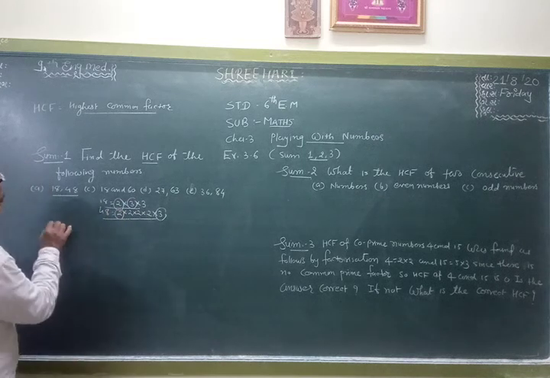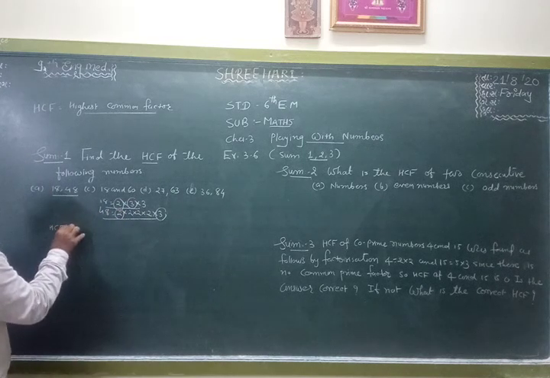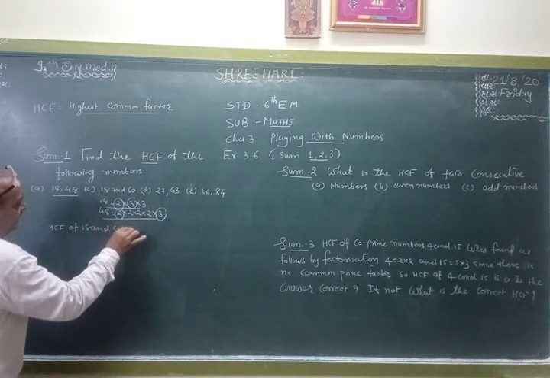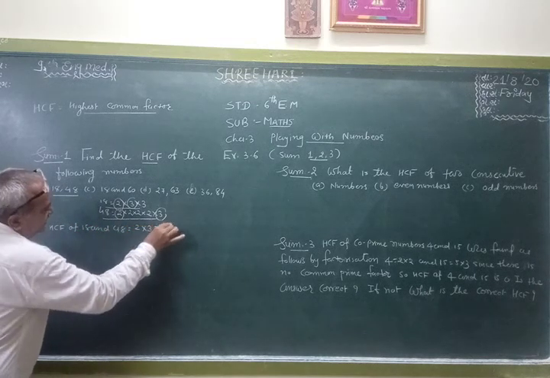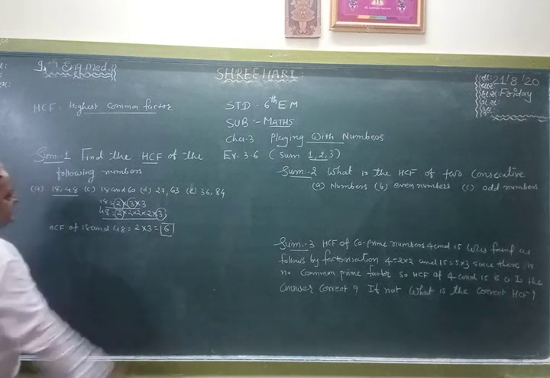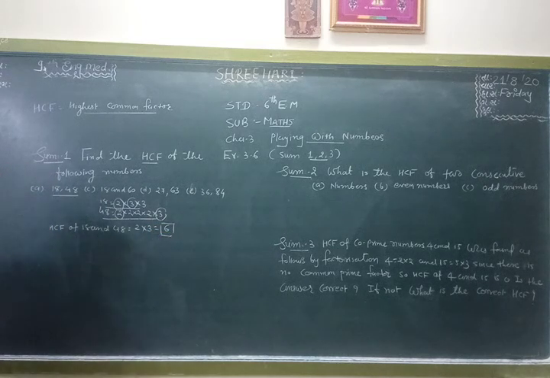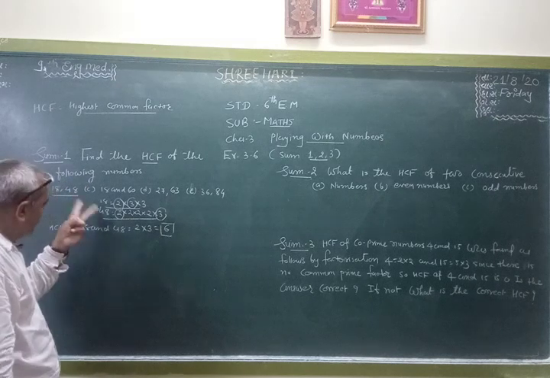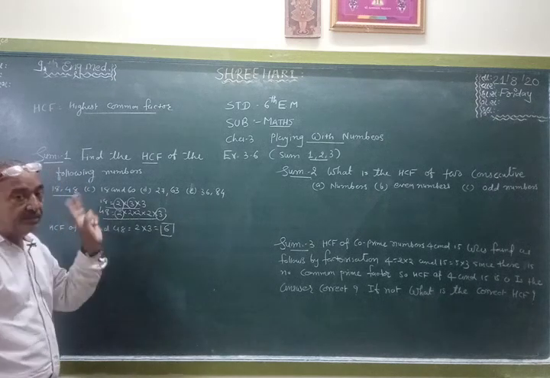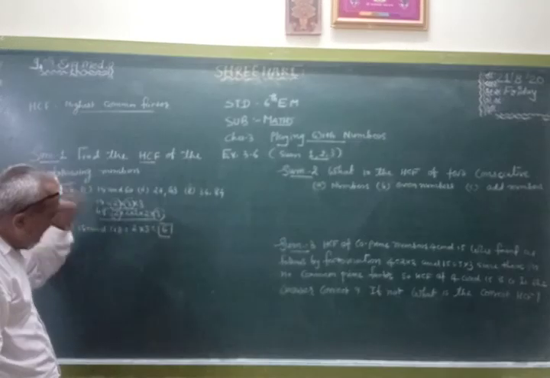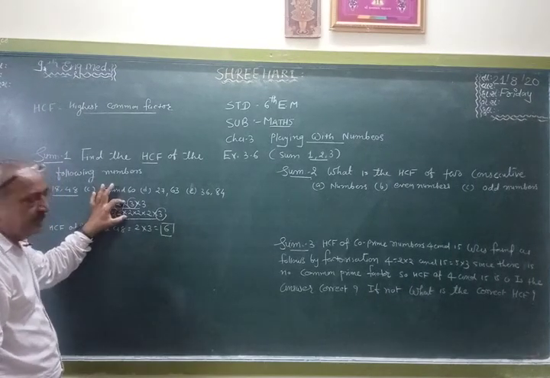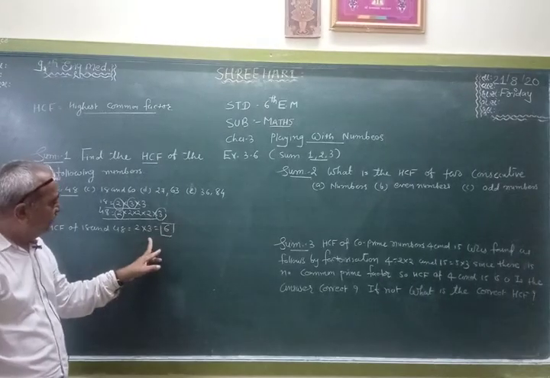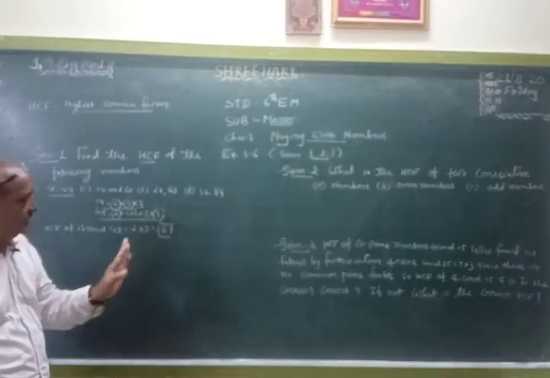So the HCF of 18 and 48 is 2 into 3, which is equal to 6. So this is our answer. Friends, if we want to find the HCF, we first use prime factors, then we find the common factors in both numbers, then take the product, which means multiplication.